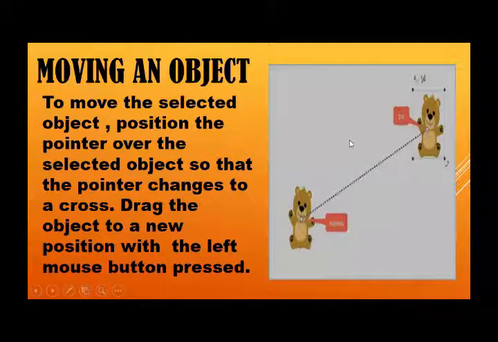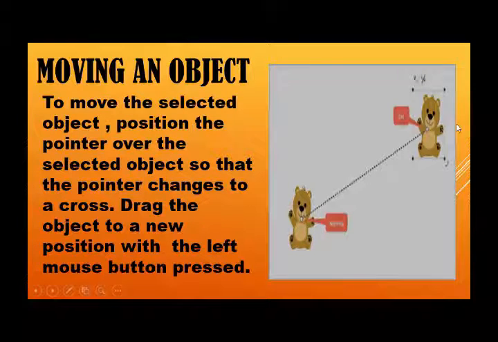I told you before that if I select the eyedropper tool, the pointer will become an eyedropper, or when I select the pen tool, the pointer will change into a pen nib. Whenever I'm using the move tool, my pointer will change into a cross.